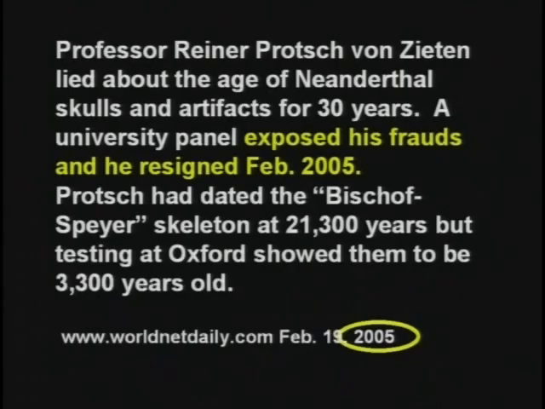Professor Rainer Protsch von Zieten, in February of 2005, was forced to resign as a professor because he'd been lying about carbon dating for years. His frauds were exposed in February of 2005. He had dated the Hahnöfersand skeleton at 21,300 years old, but when they tested it at Oxford, they said it's only 3,300 years old. 700% error.